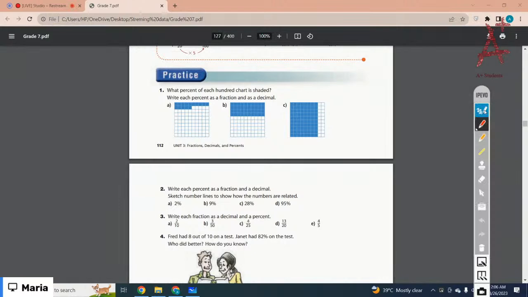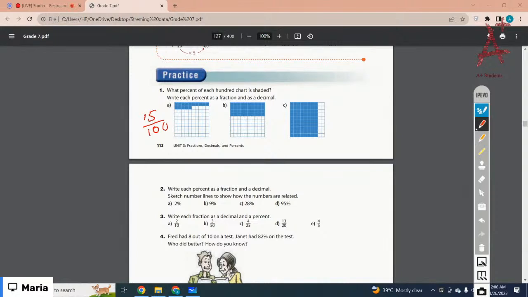This complete one is 100 boxes, right? 10 like this and 10 like this, so that would be 100 boxes. You can see 10 of them are colored and 15 of them are colored. It would be 15 out of 100, right? 15 out of 100 is colored.